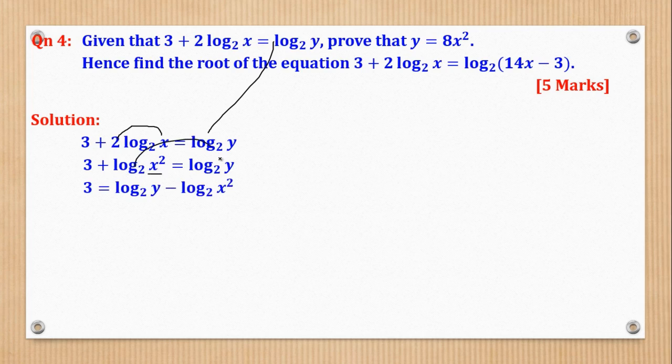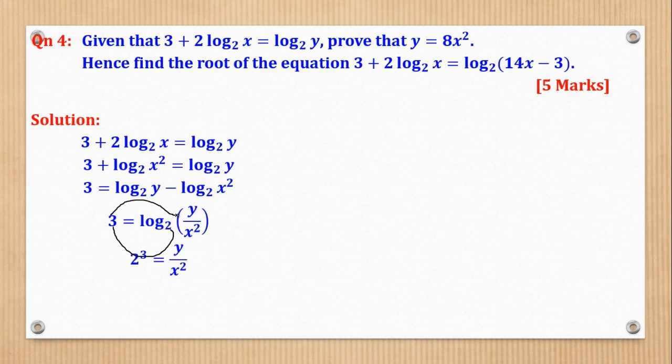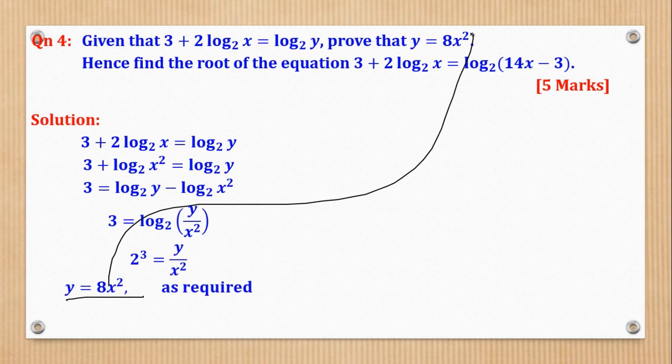Then take this side to give you this. And subtraction, when you're combining, becomes division. So it becomes y over x squared. Then from there we shall remember that 2 to the power 3 is equal to y over x squared. They have eliminated the logarithm. Then cross multiply to get the required expression.